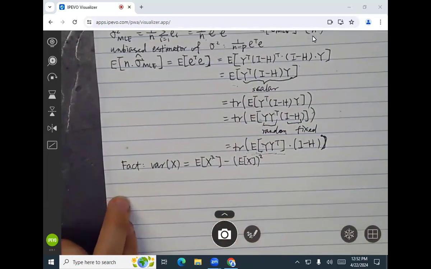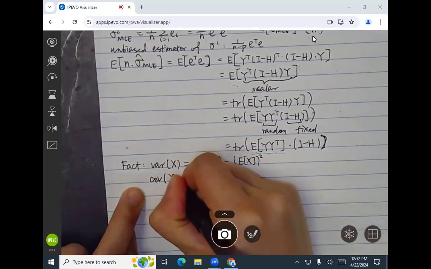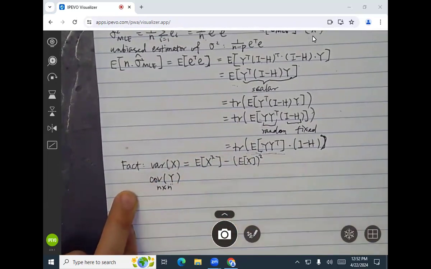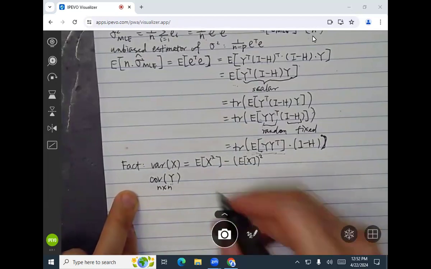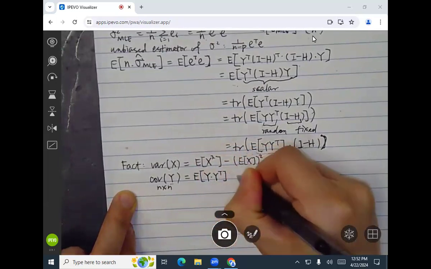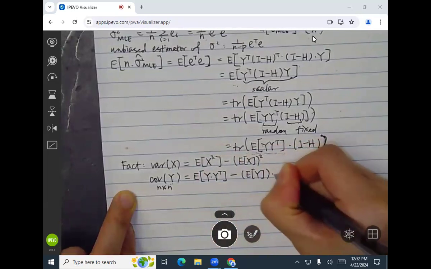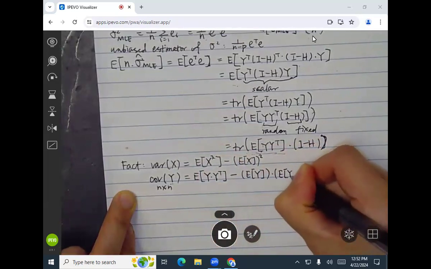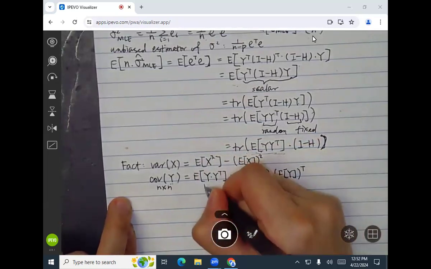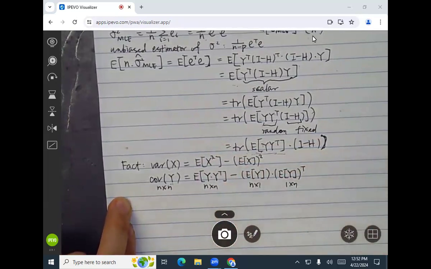Similarly, for the covariance matrix of this Y vector, which is n by 1, this will be an n by n covariance matrix. It can be written as the expectation of Y times Y transpose minus the expectation of Y times the expectation of Y transpose. So in the matrix form, I have the same thing. Each term here is n by n. This is n by 1. This is 1 by n.